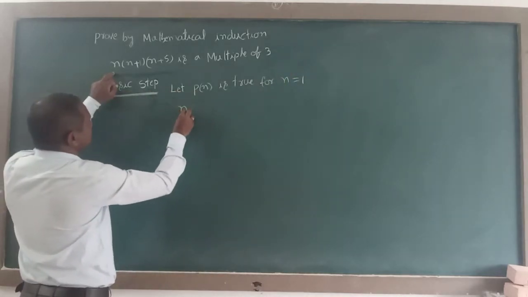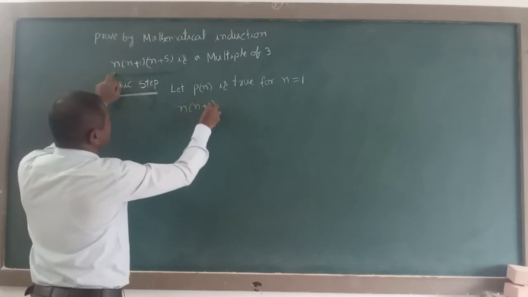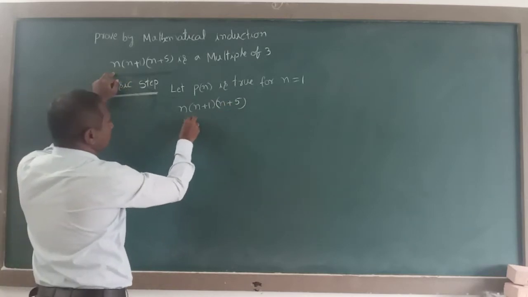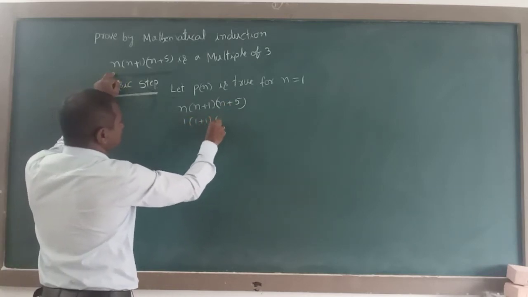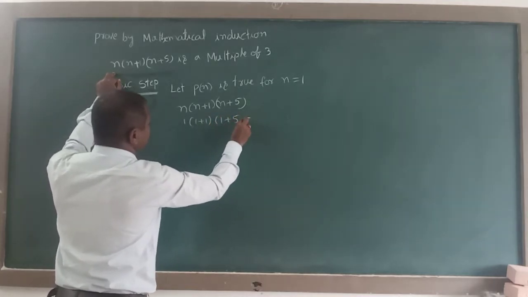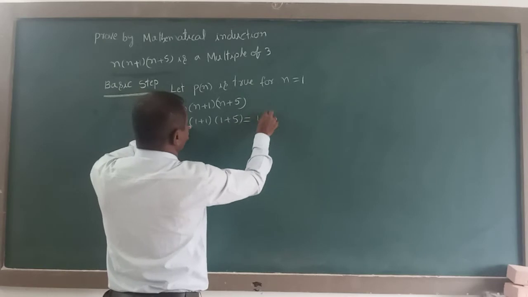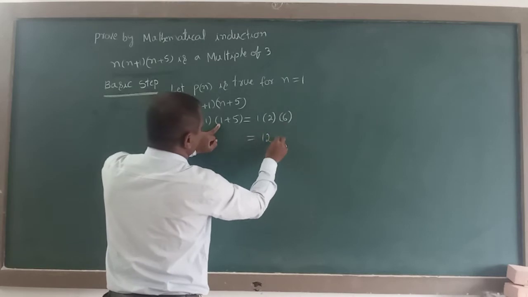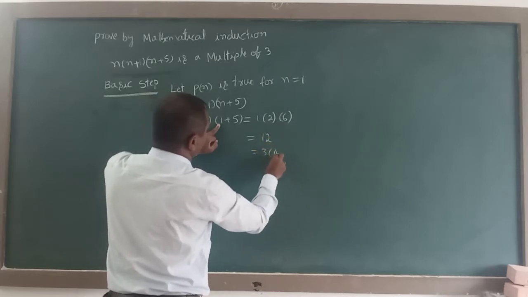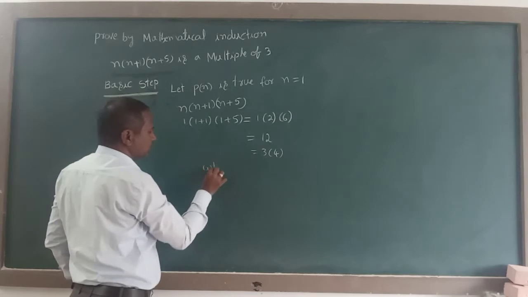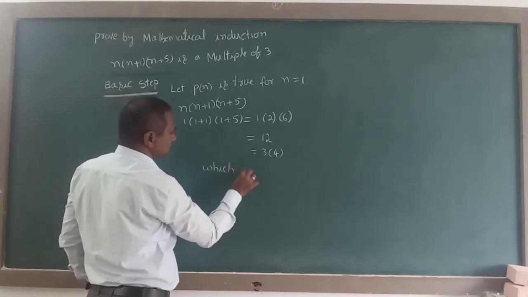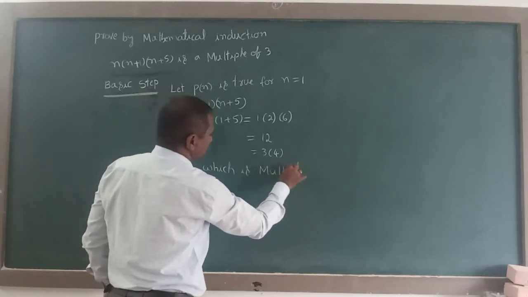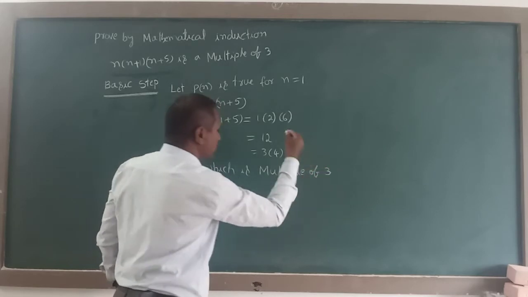See here, in n into n plus 1 into n plus 5, we are going to put 1. 1 into 1 plus 1 into 1 plus 5 is equal to 1 into 2 into 6, which is equal to 12. 12 can be written as 3 into 4, which is a multiple of 4, which is a multiple of 3.